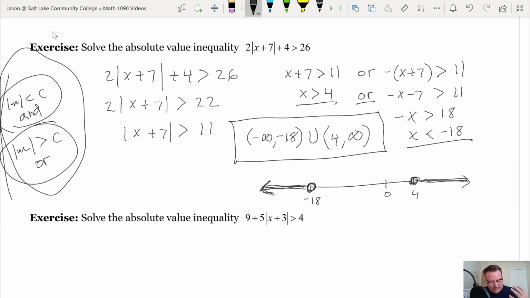If you have some absolute value is less than a constant, you use the connective and to make your compound inequality. And when you have an absolute value is greater than some constant, you use or as your connective. All right.